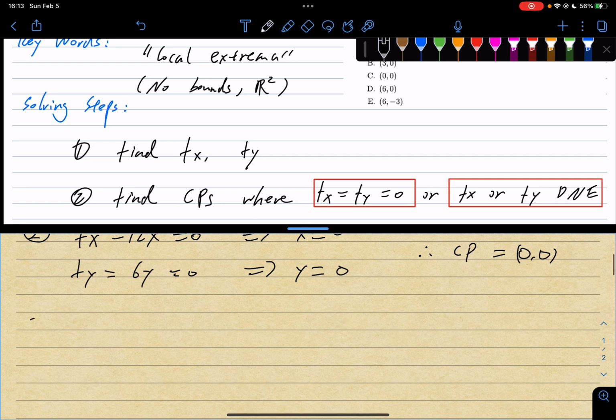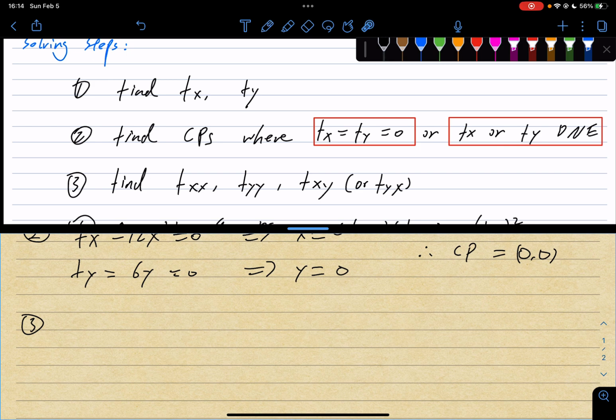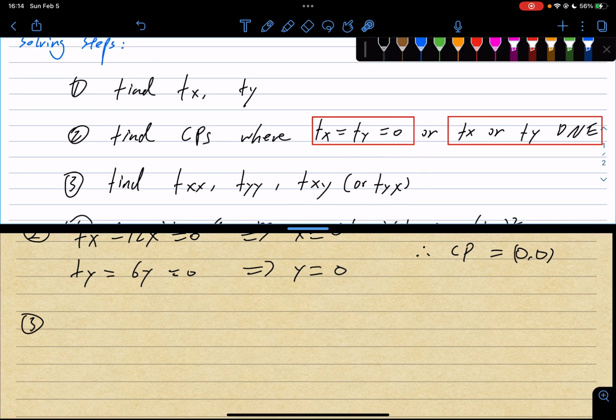And then step 3, we're going to find fxx and fyy and fxy or fyx. In your maximum minimum problems, these two values will be the same. Chances are they will be the same.